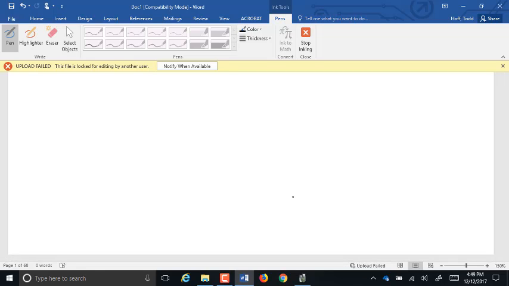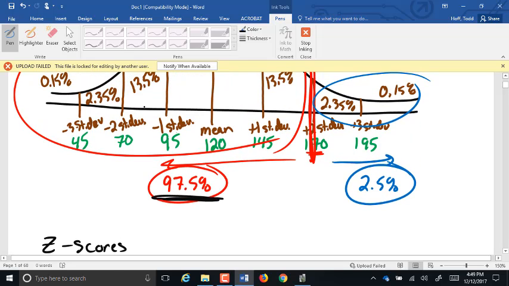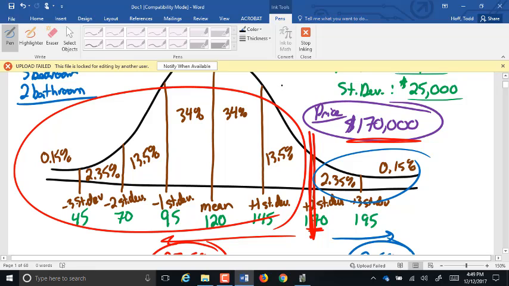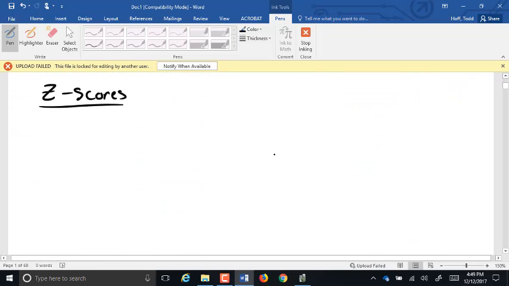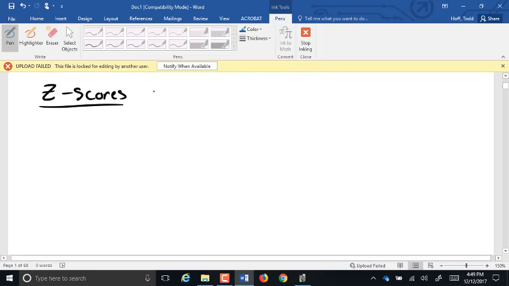The next thing I want to look at is something called z-scores. One of the weaknesses of this empirical rule is, well, what if the price was 150,000? Well, that doesn't fall right on one of those standard deviations, so it's hard to do much with it. The z-scores allow us to be a little bit more comparative. And the z-score is really used more for comparing between two populations.